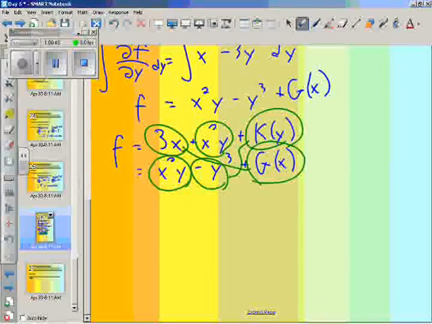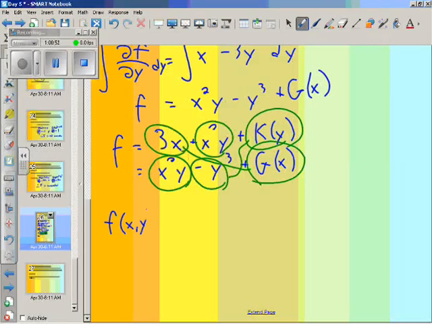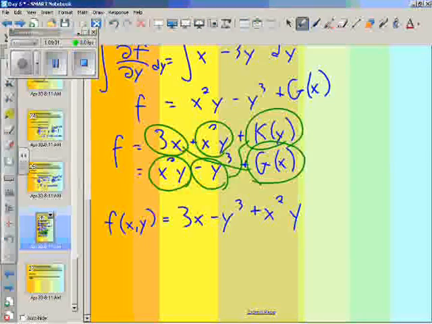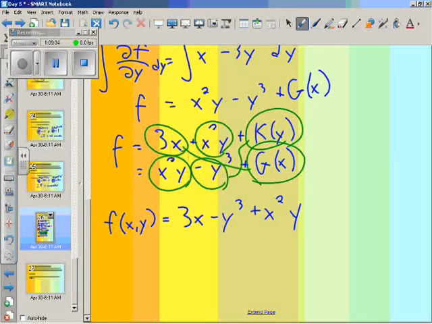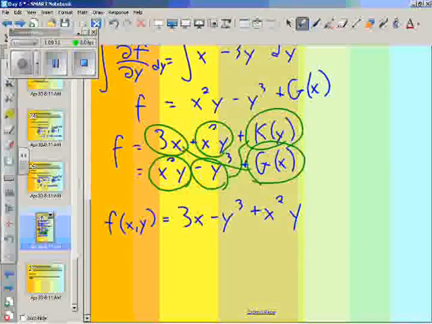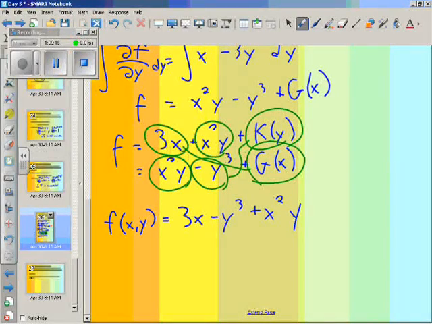And so f of x,y just equals 3x minus y cubed plus x squared y. And then we're going to have some plus c out here because we integrated, but we don't really have to worry all that much about that.